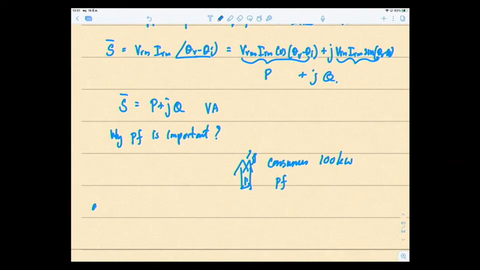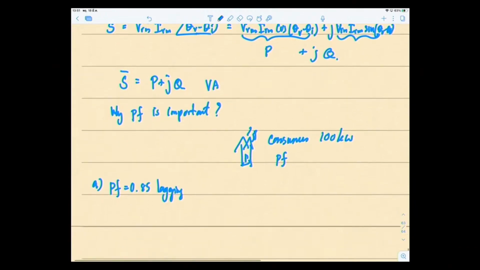Let's say in the first case, the PF is equal to 0.85 lagging. And I want to find the current that needs to be fed to this load.